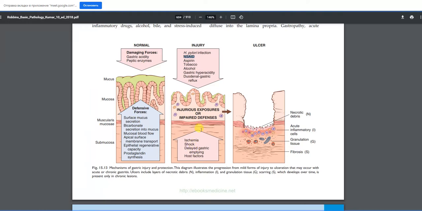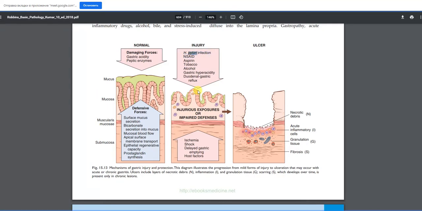But if due to injury some portion of epithelia is destroyed, then mucus production is also decreased. Due to non-steroid anti-inflammatory drugs, mucus secretion is also dampened. And also H. pylori infection might be present.